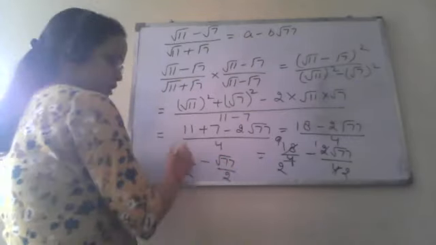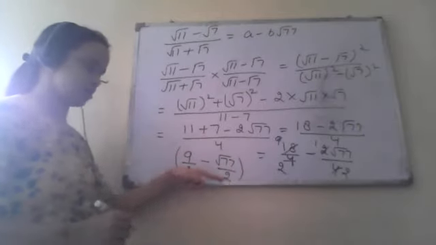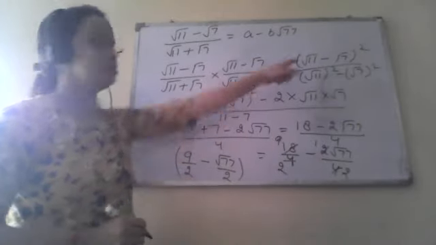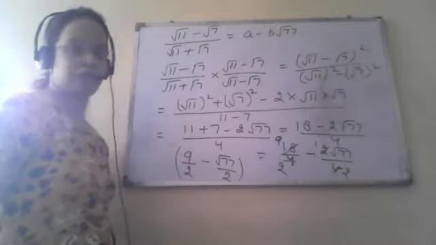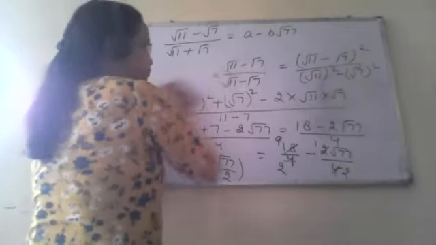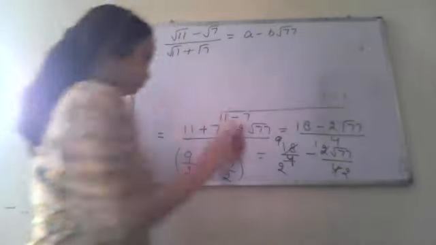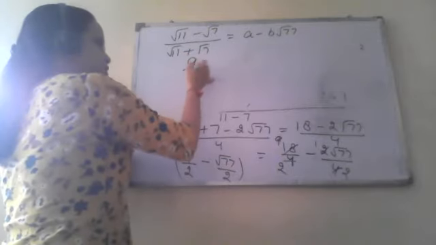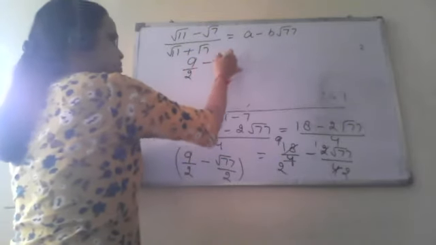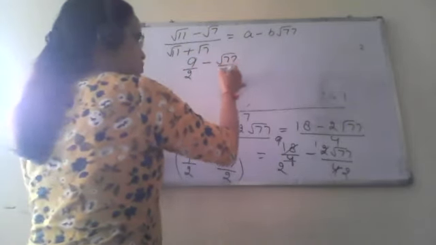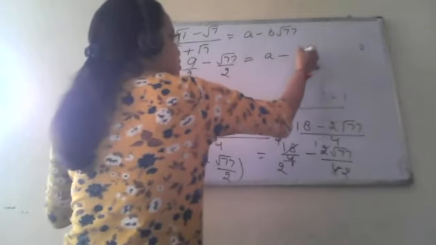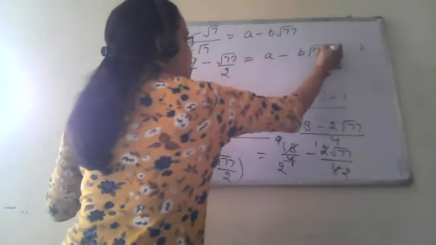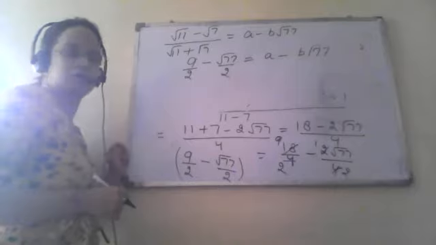So like we did in the first question, we will correlate this expression with this one in order to find the value of a and b. Now we have 9 upon 2 minus root 77 upon 2, and here we have a minus b root 77. We have to just compare the coefficients.